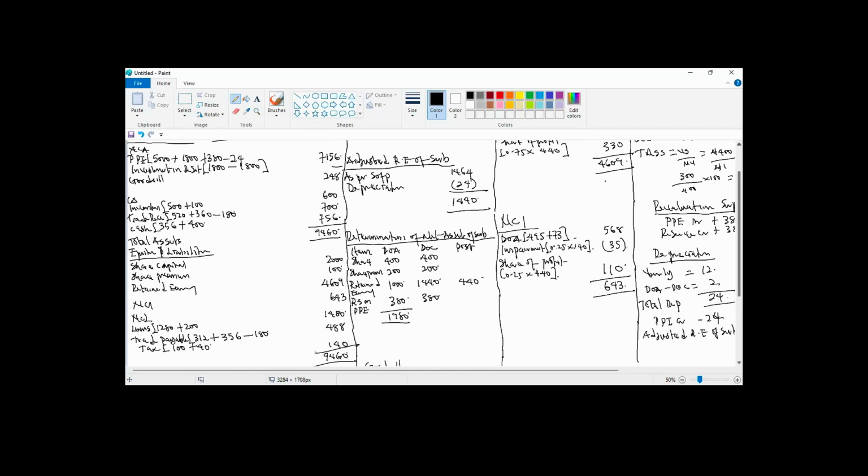One, they can give me market price per share, which I will multiply by the number of shares held by the NCI.